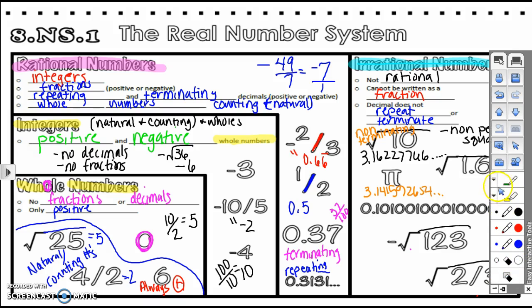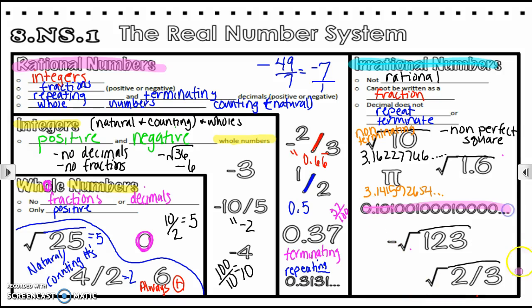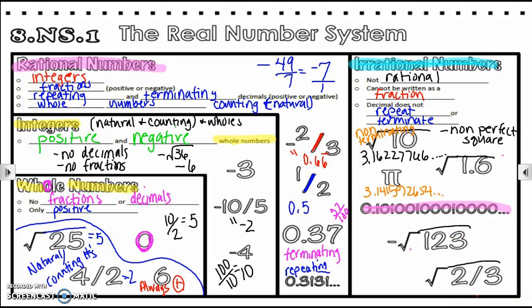This number right here, 0.101, we know that the zeros and the ones repeat, but they're not a set pattern. This is a non-terminating, non-repeating number as well. This goes on and on forever. This is why it's irrational as well.